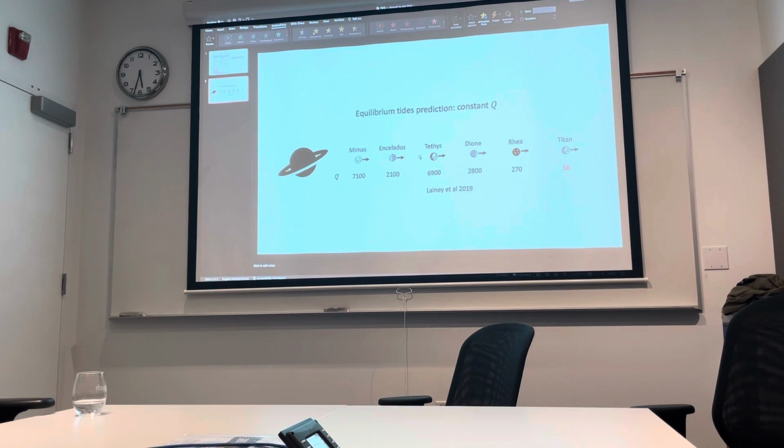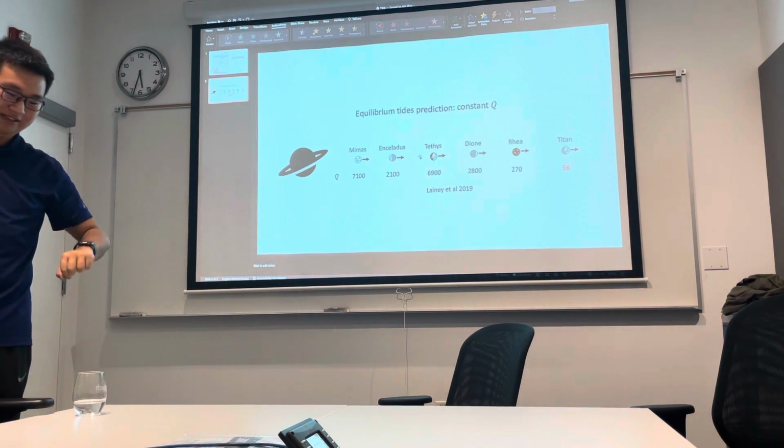So one thing from Jing's paper is that most people calculate the tidal migration of the moons of Jupiter, and if they are using the equilibrium tide theory, that would predict a constant tidal quality factor, which we talked about at the start of the lecture.